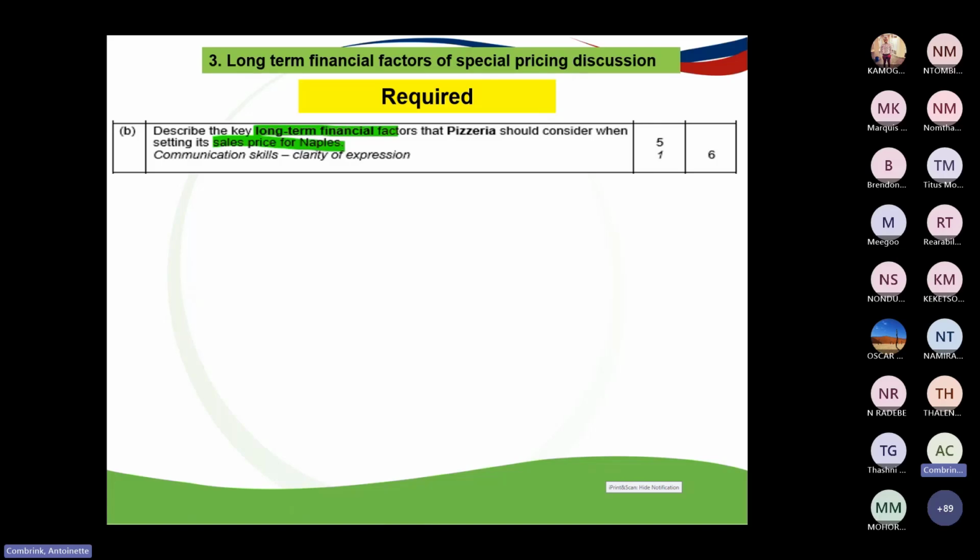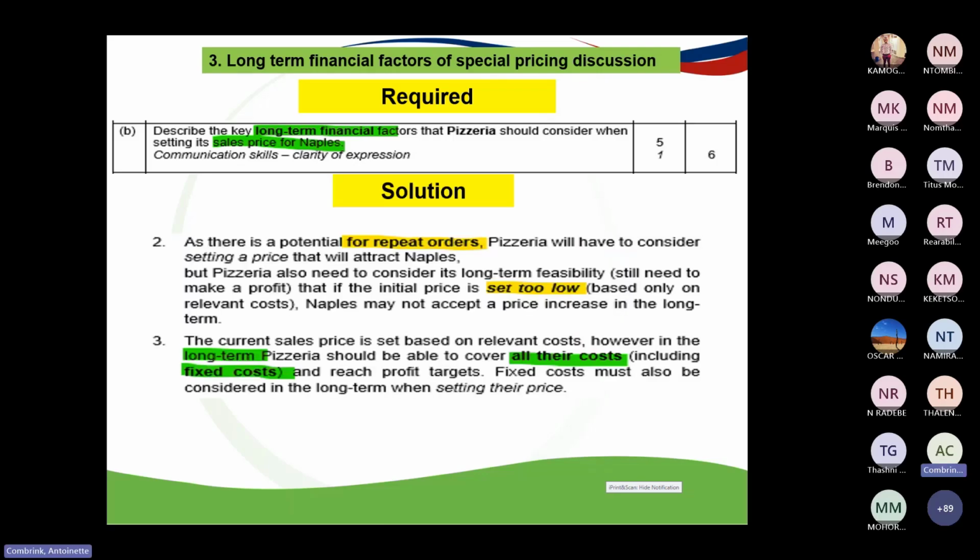So obviously we won't repeat this question, but there are some principles here that I think you can benefit from. When you're considering a special order in the long term, you'll think about something like, will the client come back to us again? Will they do repeat orders?